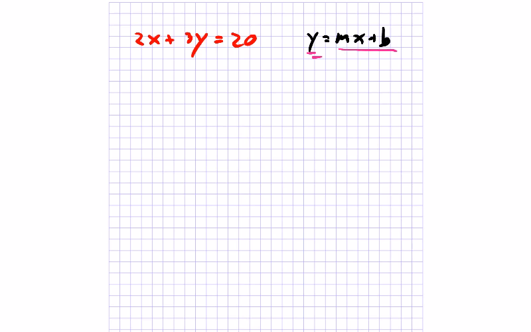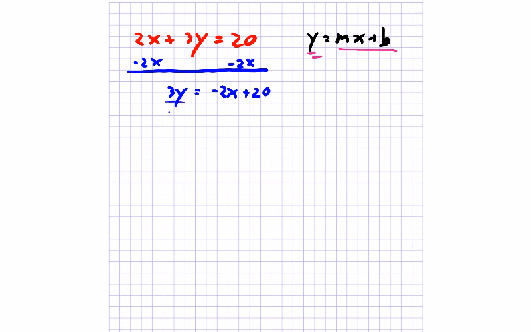So to do that, the algebra is pretty simple. If I subtract 2x from both sides of the original equation, I'm getting closer to having y by itself. I now have 3y on the left side, and I have negative 2x plus 20 on the right side.